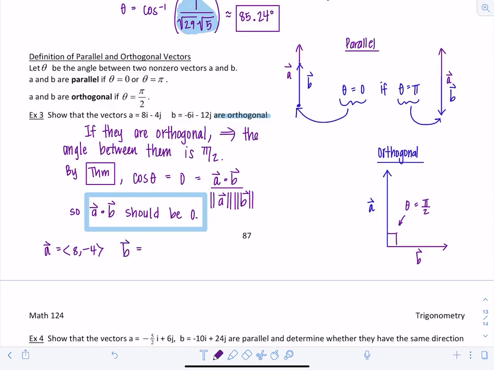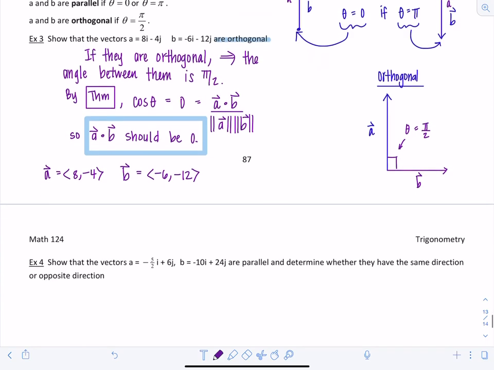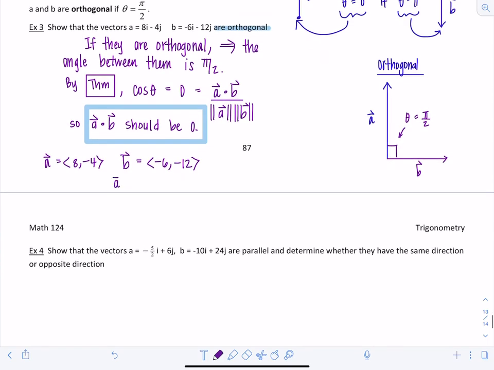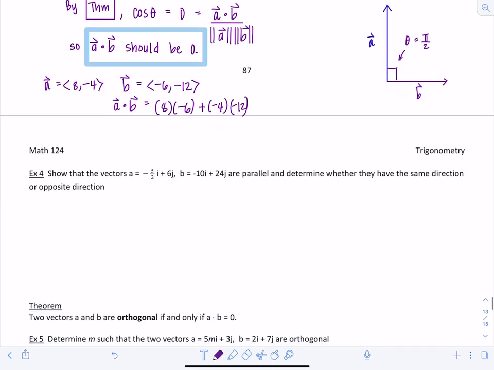Vector B has components -6, -12. So let's just compute this dot product. A dotted with B, that's going to be 8 times negative 6 plus negative 4 times negative 12. So 8 times negative 6, that's negative 48, plus positive 48, that's 0. So we're good to go.